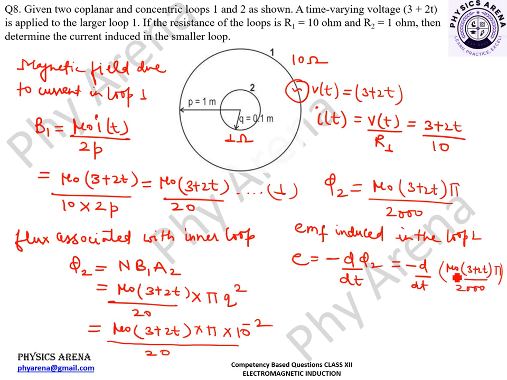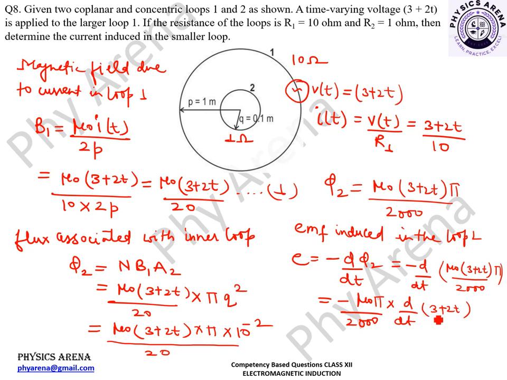So we can see mu naught is a constant, pi is a constant, and 2000 is also a constant. That can be taken out of the differentiation. So it will be minus mu naught pi divided by 2000 multiplied by d upon dt of 3 plus 2t.